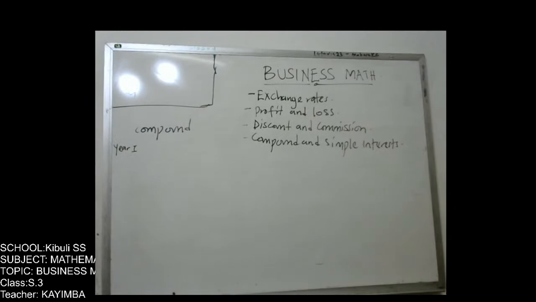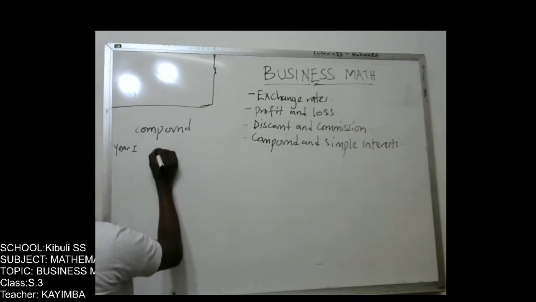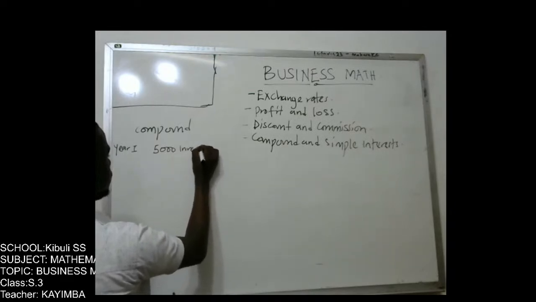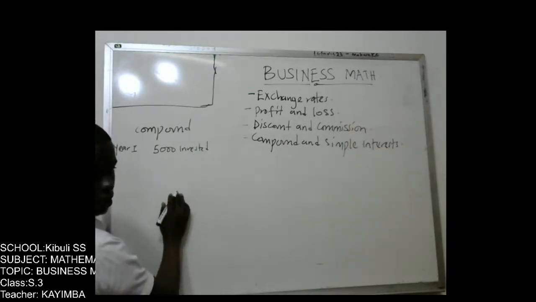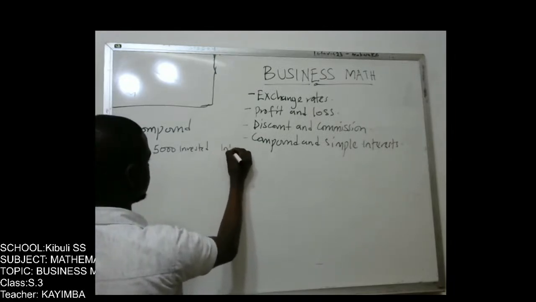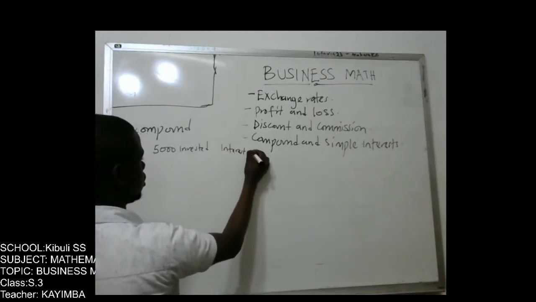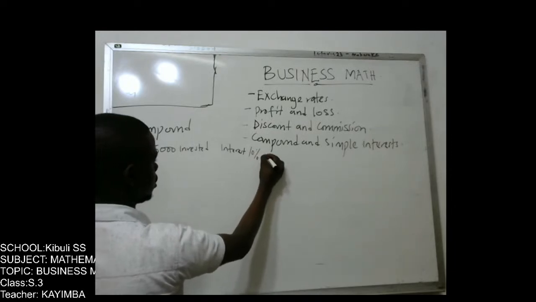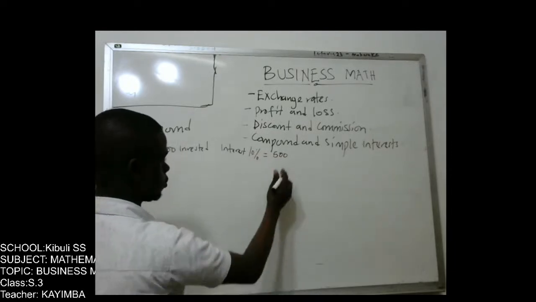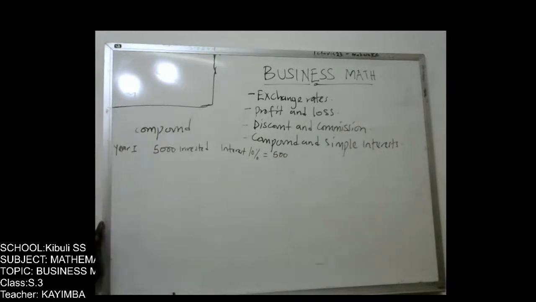A person invested 5,000. Then the interest is 10%, giving us 500. So this is the first year.